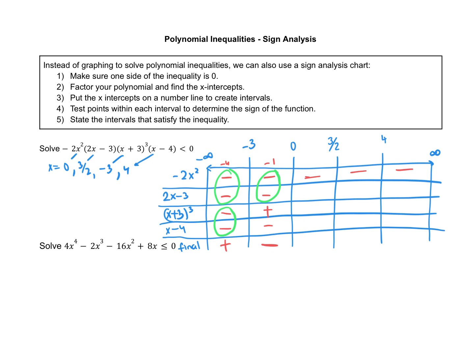Now I'll test 1 between 0 and 1.5. So that's going to be 2 minus 3 is negative, 1 plus 3 cubed is positive, or 1 minus 4 is negative. This, once again, is going to be negative because we have 3 negatives. An odd number of negatives will be overall negative. Next, between 3/2 and 4, I'll pick a test value of 2.